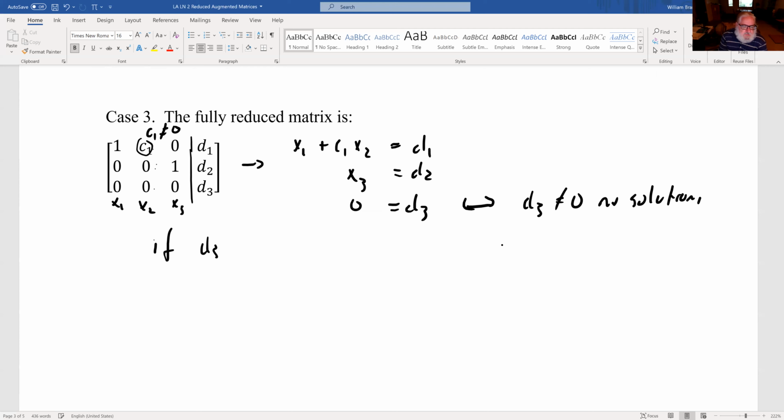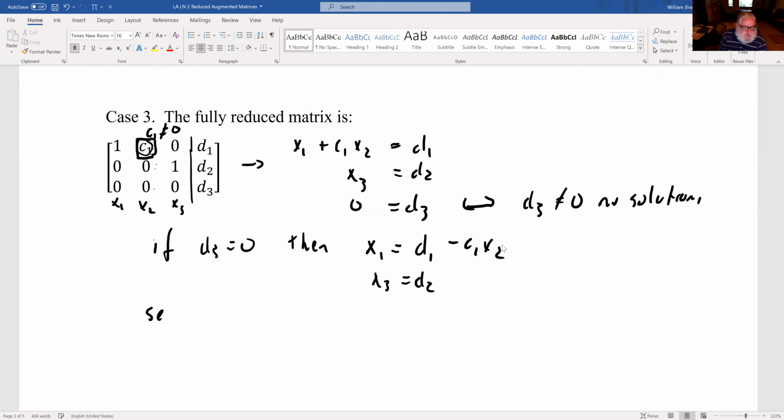If d3 does equal 0, then x1 equals d1 minus c1 x2. So this term over to the right side, that'll turn out to be the term that involves the parameter, and x3 equals d2.